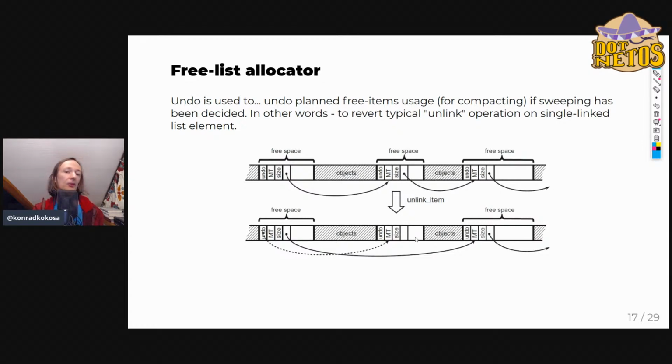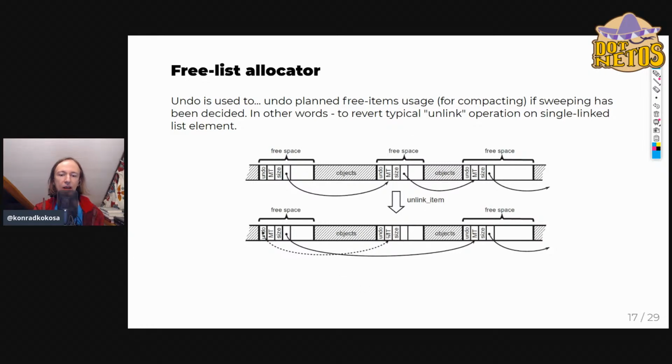And if we decide not to compact, then we need to revert this decision, and simply link this item again inside our free list, and that's why we are keeping this undo pointer. This is exactly for that. If sweeping has been decided, we simply revert this unlinking operation, the typical unlink operation on a single linked list element.